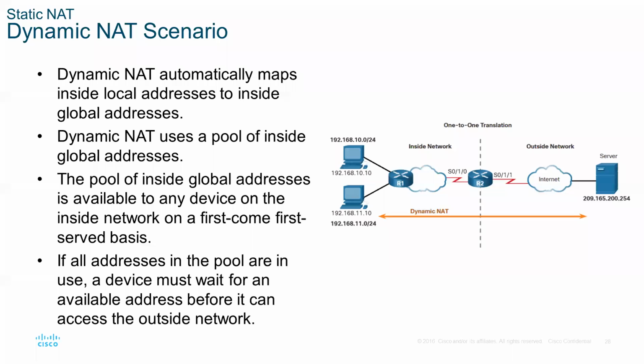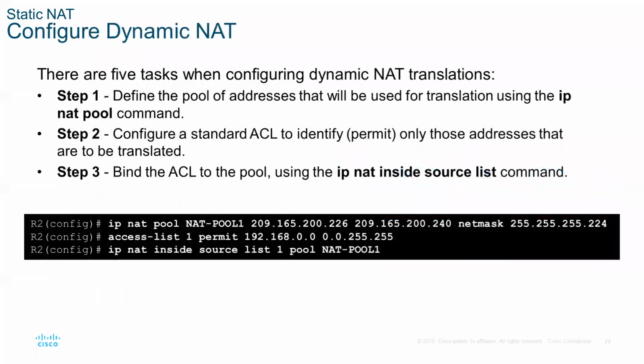Next up is our dynamic scenario, where we're going to create a pool of inside global addresses to be accessed as required. And what we do is give the pool a name. So we have to define the pool.